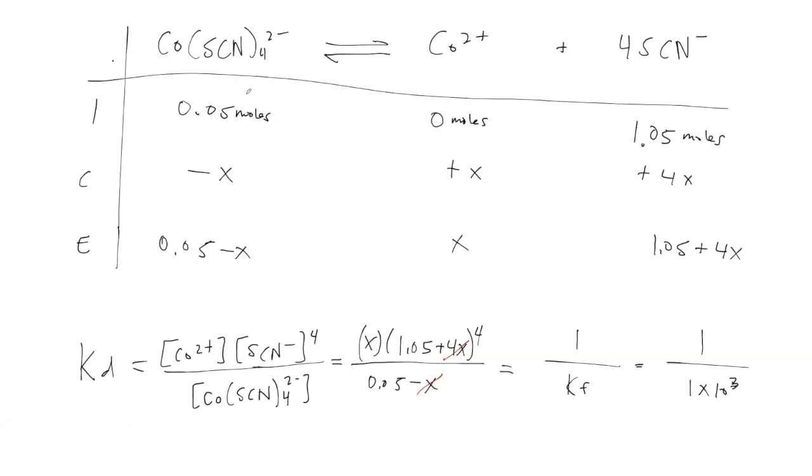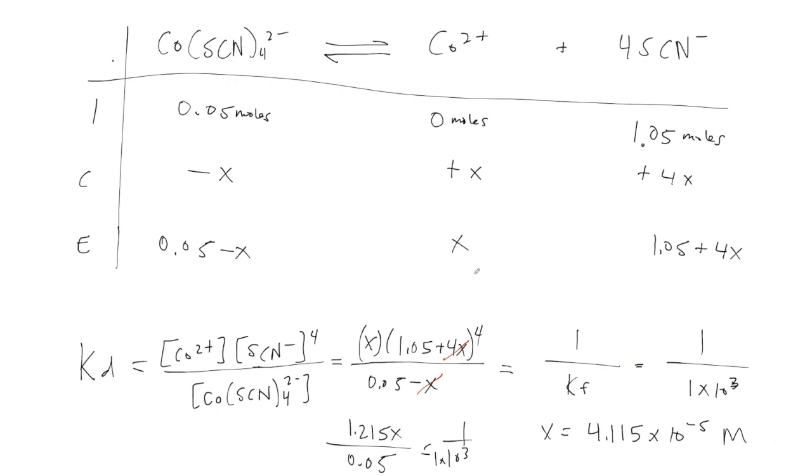So if we then go through and calculate, we should get 1.215x over 0.05. And this will equal 1 over 1 times 10 to the third. So then basically our answer is 4.115 times 10 to the negative 5 molar.